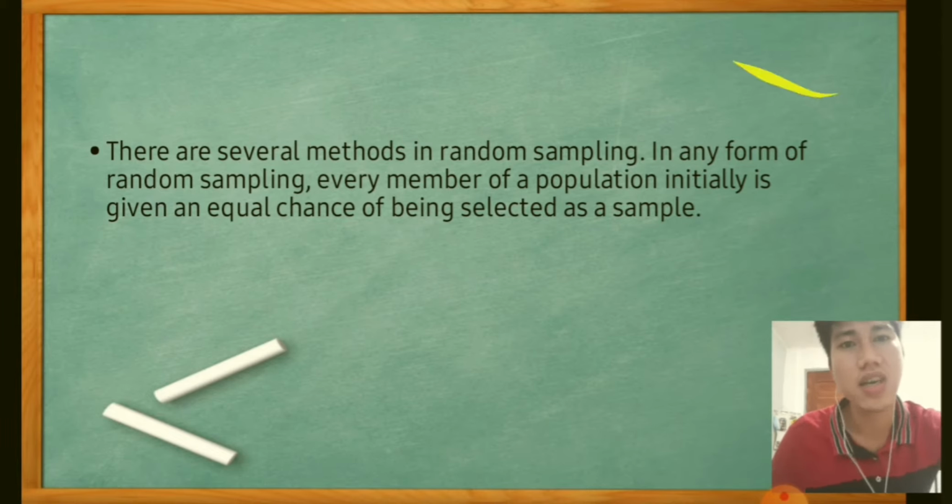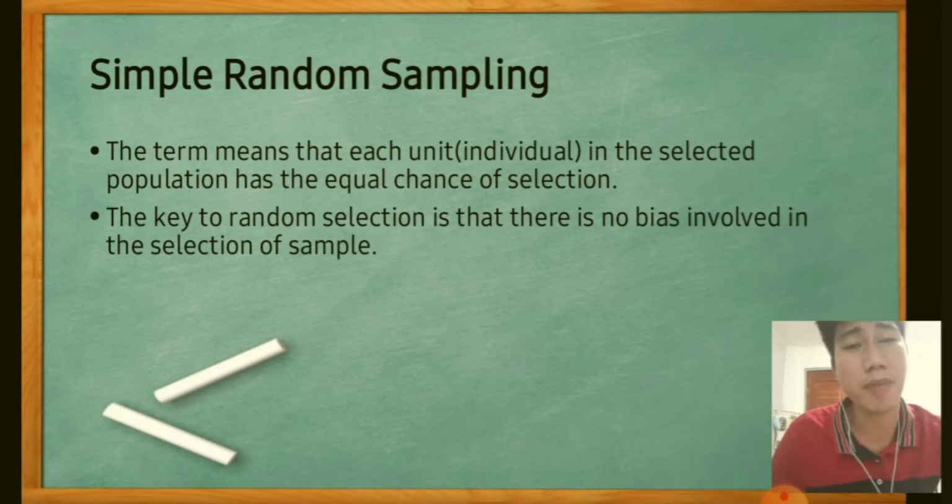Now, simple random sampling. When we say simple random sampling, the term means that each unit or individual in the population has an equal chance of selection. So every member of the population has the chance to be selected. Walay bias. Wala tayo maingon na, kanirang top 10 na tong kwaon.